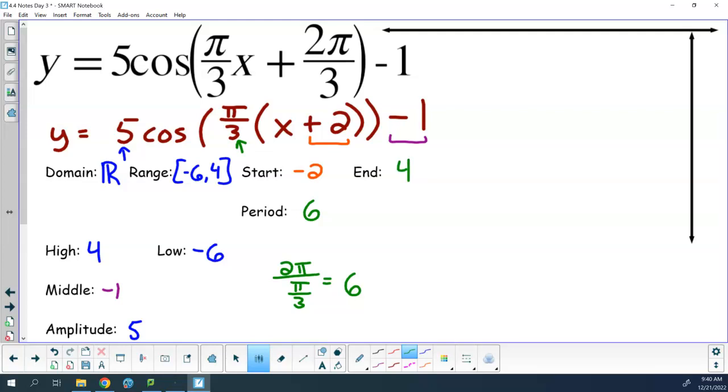A cosine curve with a positive A value starts where? Starts high, middle, low, middle, high.